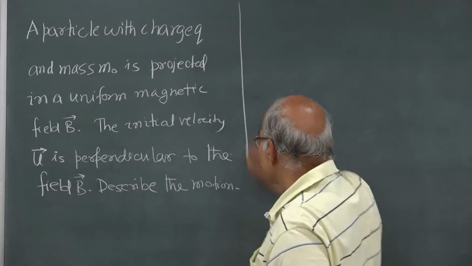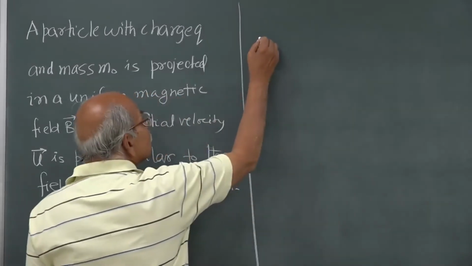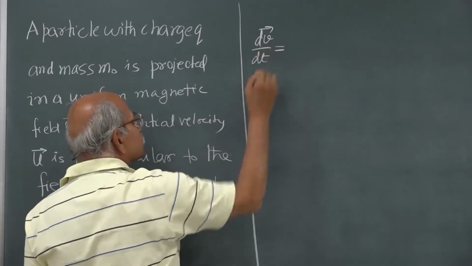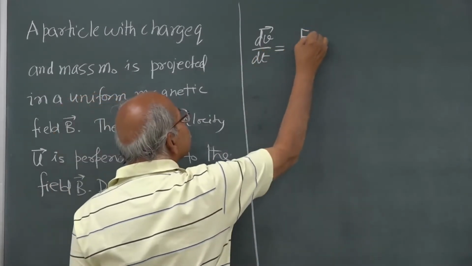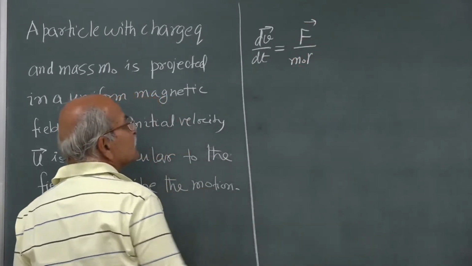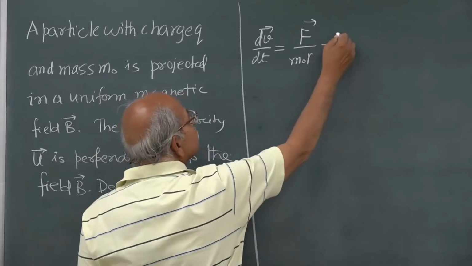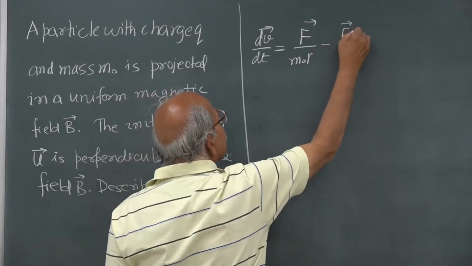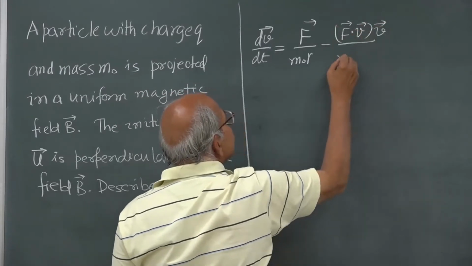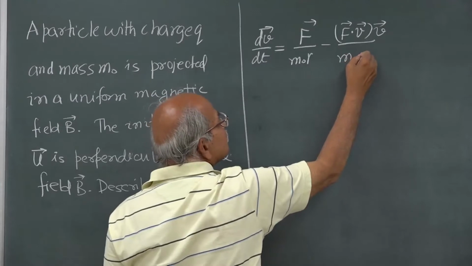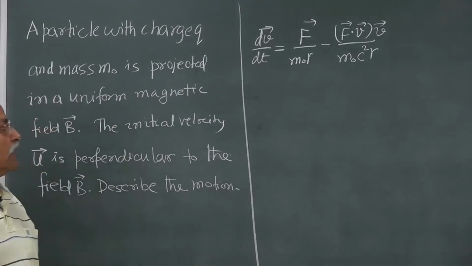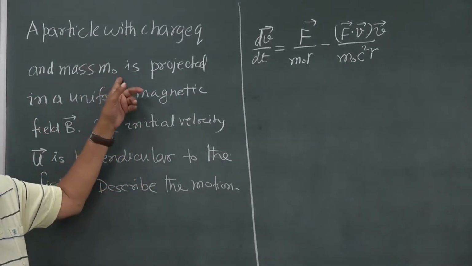Now, our equation was dv dt equal to f divided by m naught gamma, and then minus f dot v, and then v here, divided by m naught c square gamma. Now, in this case it is a magnetic field and a charged particle.